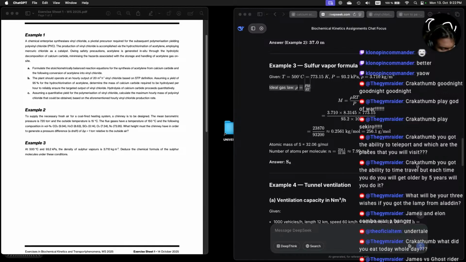8.314, 773, 93.2, 10 raised to 3. It's approximately 256.1 gram per mole.